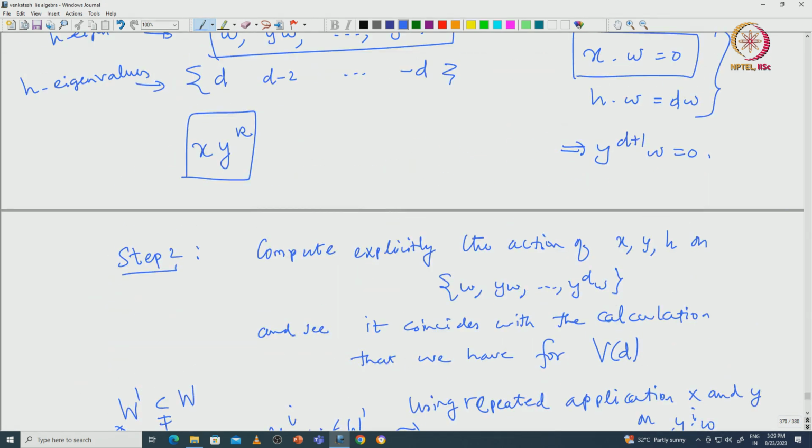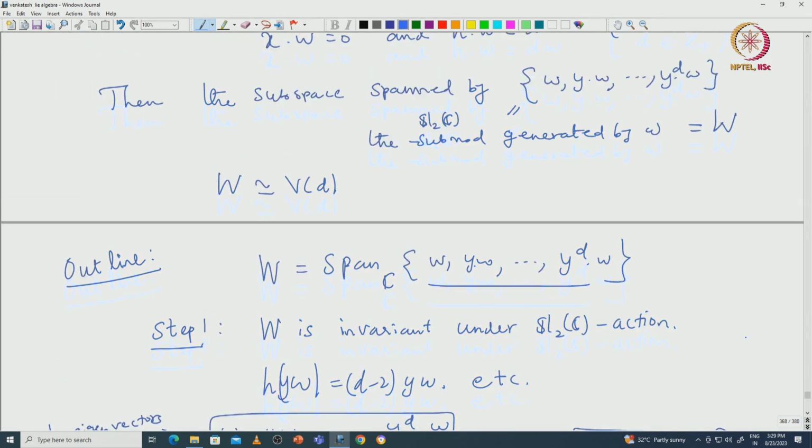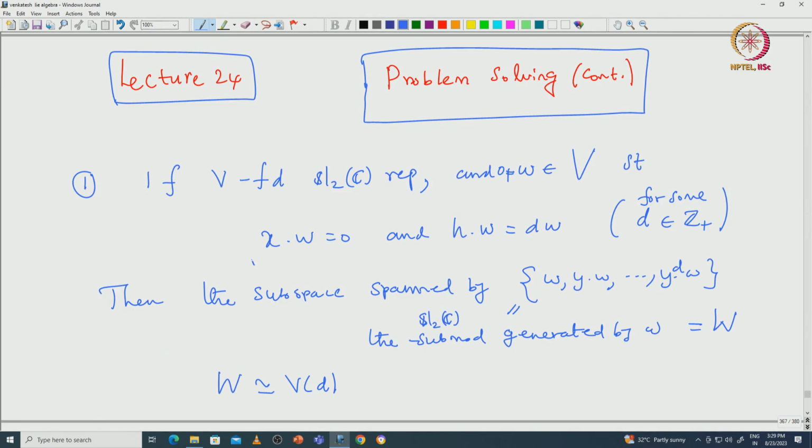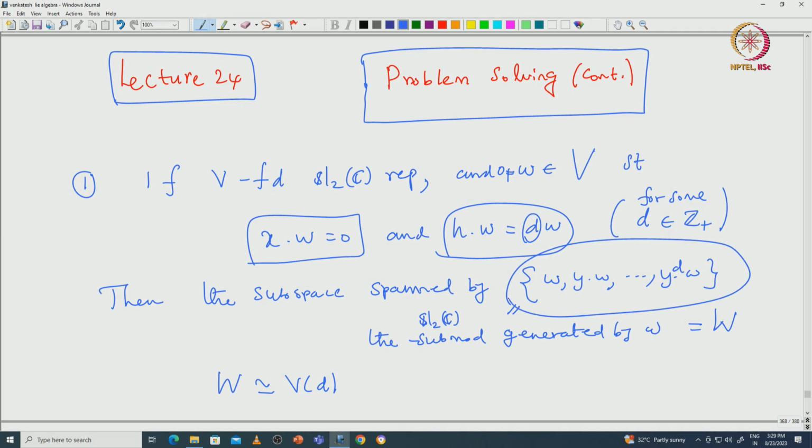So, this is actually a very important observation, that if you are able to pick some w which is maximal in the sense that x is killing w and it is an eigenvector for the action of h whose eigenvalue is a non-negative integer, then you can guarantee that the submodule generated by these vectors will be isomorphic to the irreducible representation V of t.